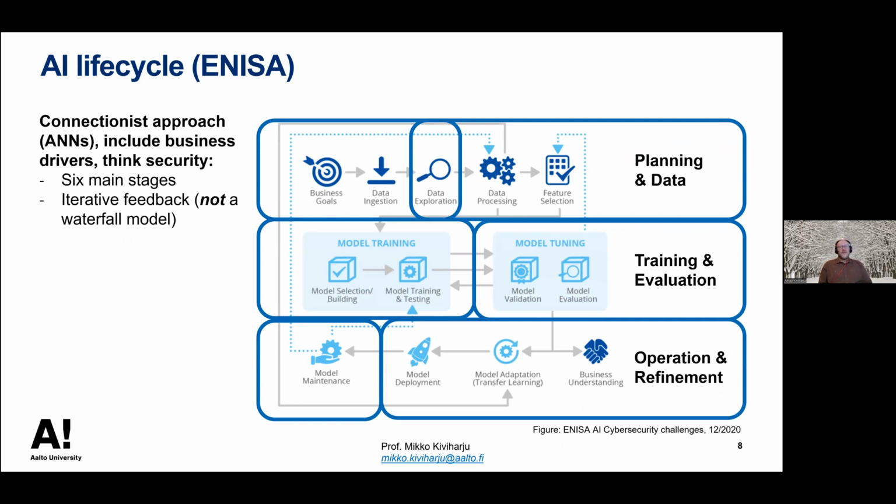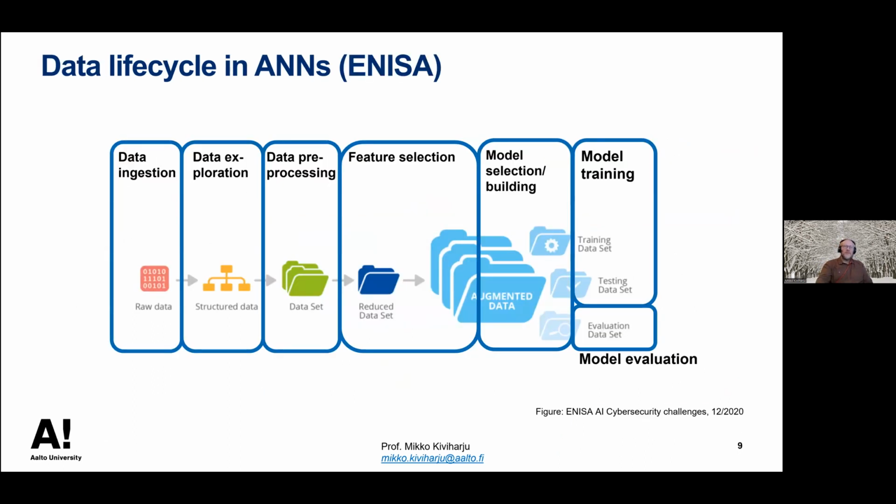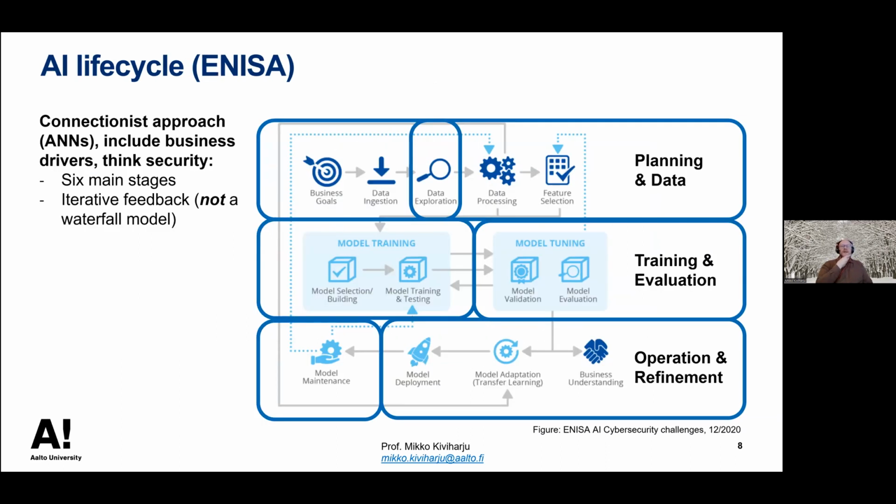And they are assuming this kind of a 6 main stage life cycle for AI and also for data, like here. The point is that each life cycle phase, both for system and data, needs special consideration. And this is an iterative feedback model, starting with the business goals and ending with business understanding, which I hope is gained eventually, since AI is such an emerging field.